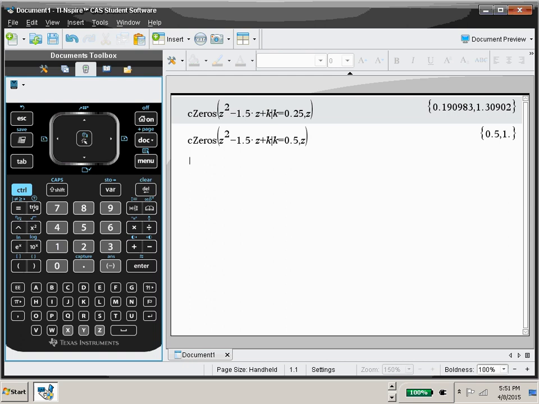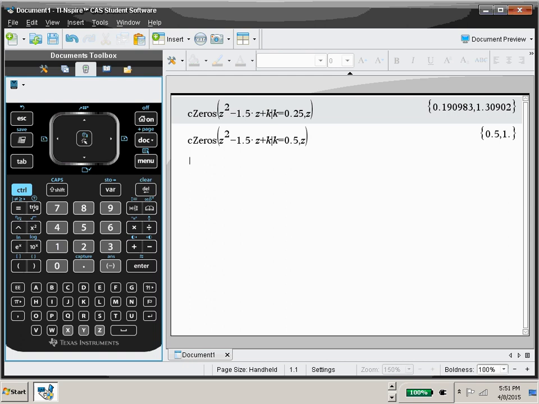But if you had a TI Inspire, you could say, oh, let's use the complex zero function, because you don't know if this polynomial is going to give you real or complex roots. So I plugged in z squared minus 3/2 z plus k, and then I said, give me a vertical line that says evaluate that polynomial when k is equal to something, and now I'm just going to iterate on k. I can just keep doing this formula over and over again.